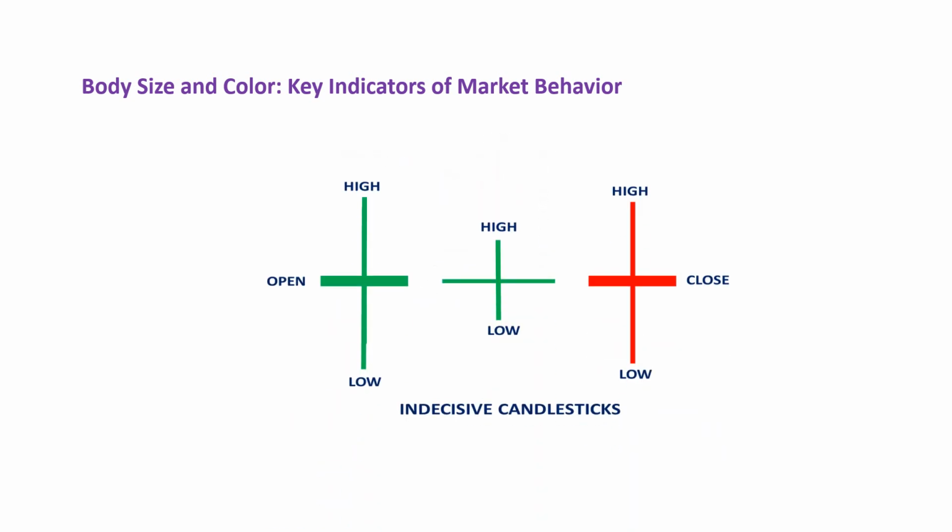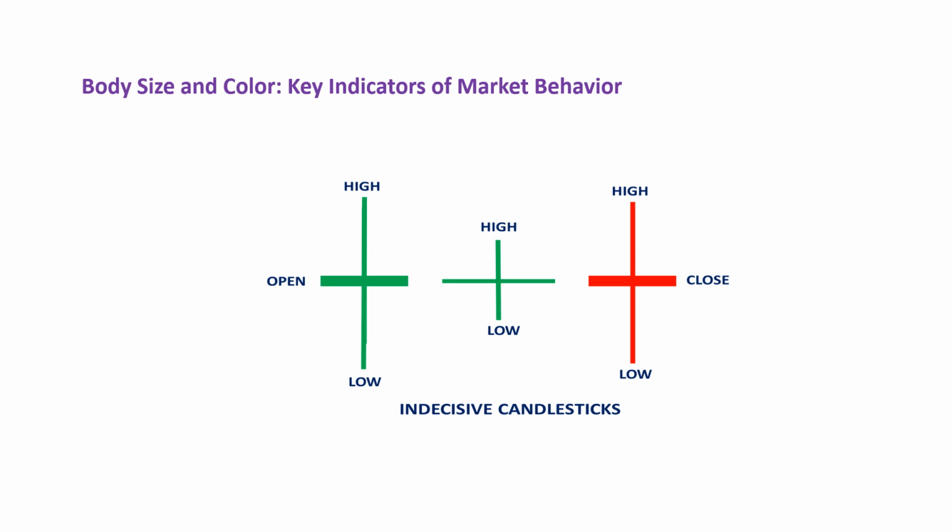Finally, these are three doji candlesticks, each exhibiting distinct characteristics that are useful in technical analysis. A doji candlestick pattern typically has a small or non-existent real body with the opening and closing prices close or equal to each other.